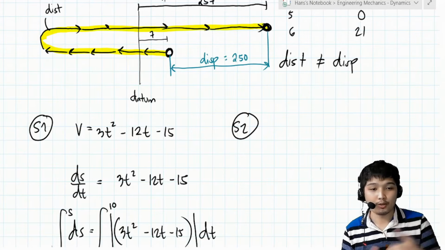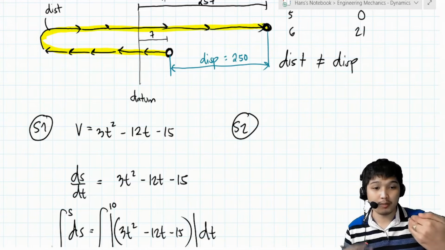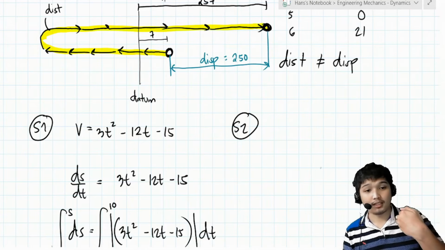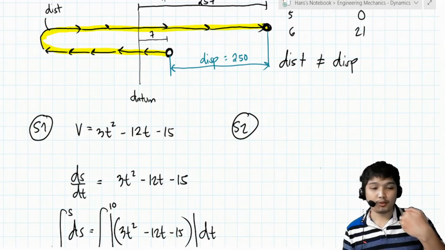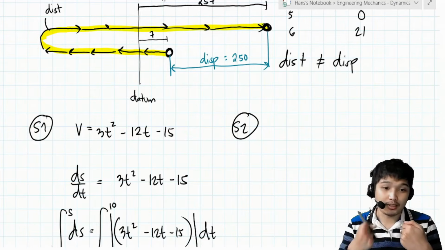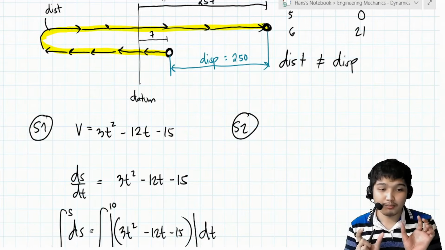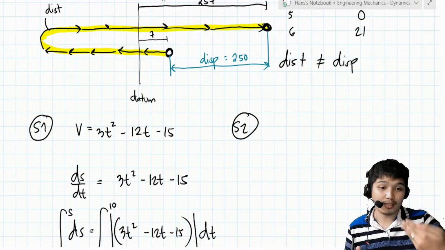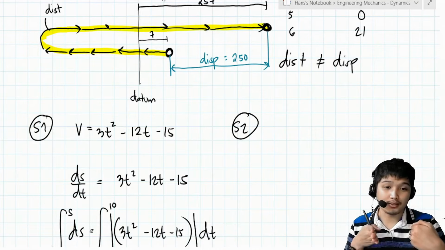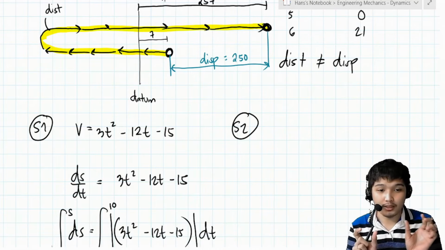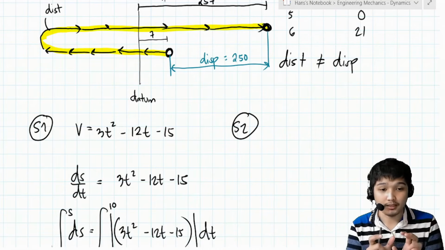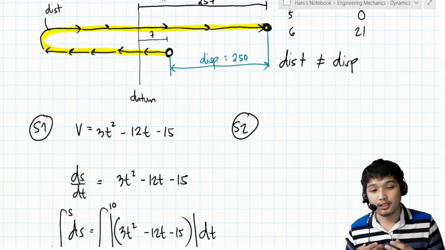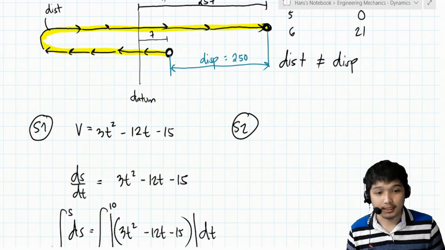So, kunin natin yung distance niya or yung displacement niya nung umaatras siya. Tapos kunin natin yung displacement niya nung umaabante siya. Tapos take the absolute value kasi pag umaatras, ang makukuha mo diyan negative. Pag umaabante, yung positive. So take mo yung absolute value ng dalawa na yon, saka mapapag-plusin. So yun na yung total distance.